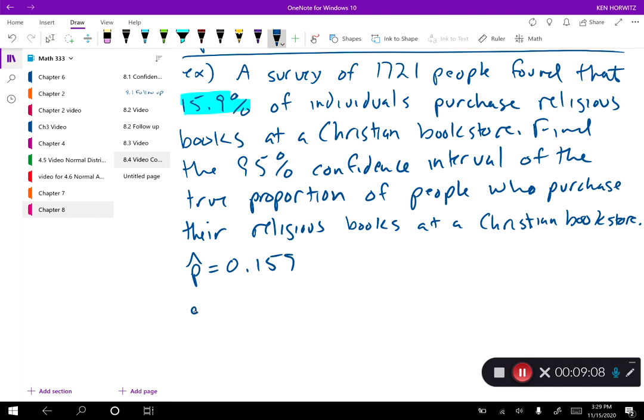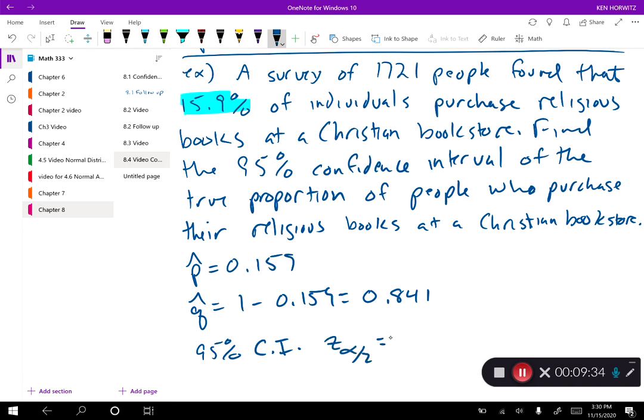And if I know my p hat, I know my q hat as well, because it's 1 minus 0.159, which should equal 0.841. All right, I know that I have a 95% confidence interval. So my z alpha divided by 2 is going to be 1.96. All right, so those are things I know.